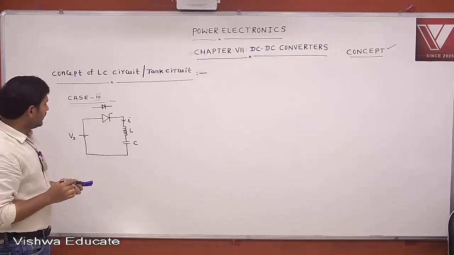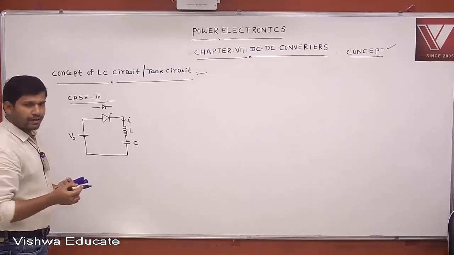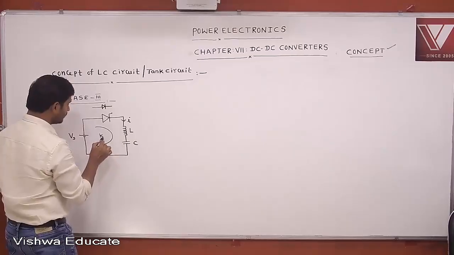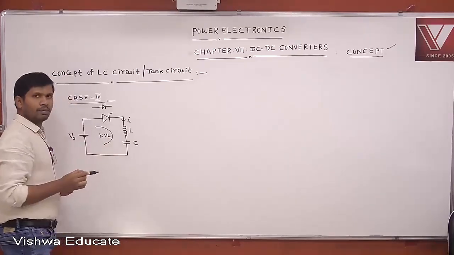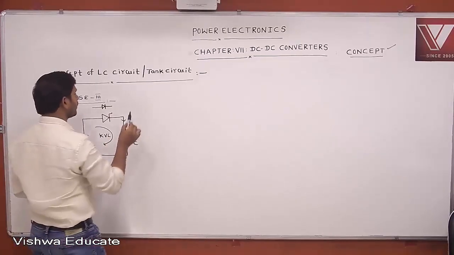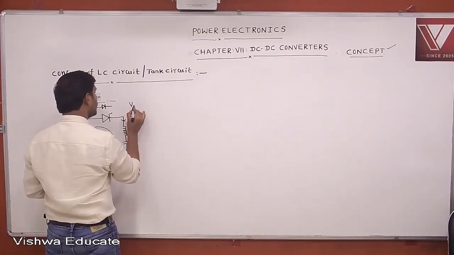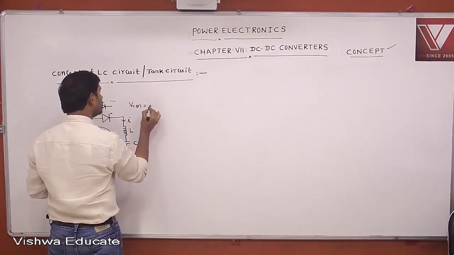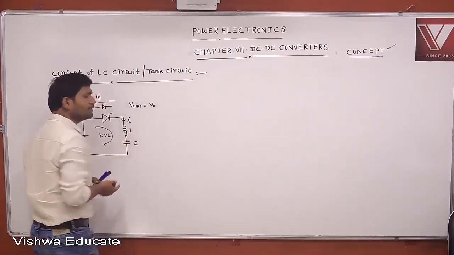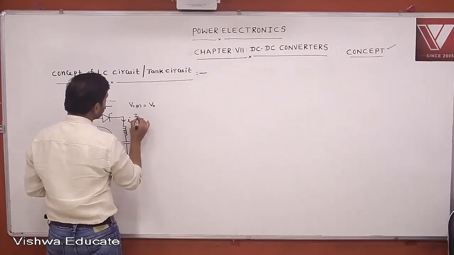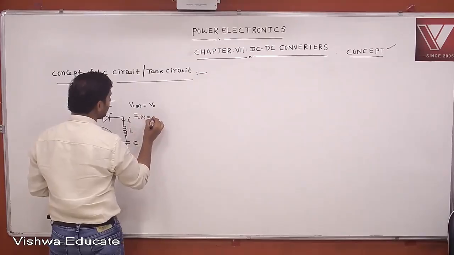How to simplify the circuit I already discussed. Let the initial voltage across the capacitor be Vc of 0 equal to V0, that is plus V0. The initial current in the inductor is IL of 0 equal to I0.